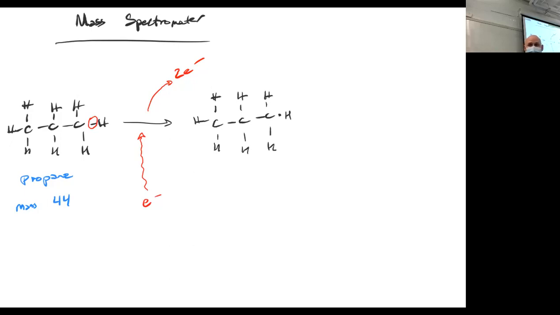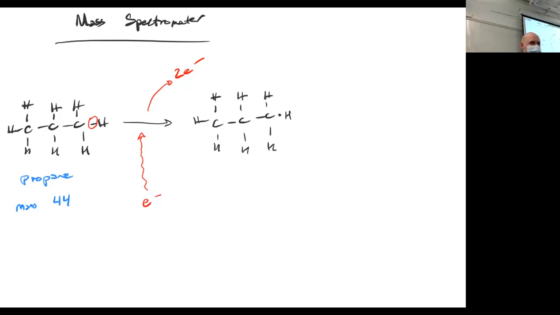So what's different about this thing right here? It's only lost 1 electron. Is the mass the same? Take a wild guess. Worst case, you're wrong. So technically, the mass would be different because electrons do have mass.